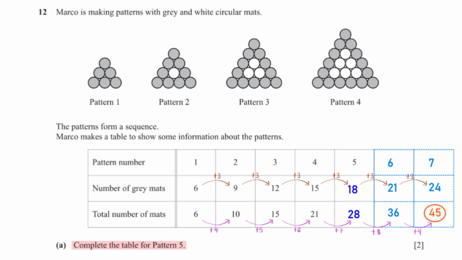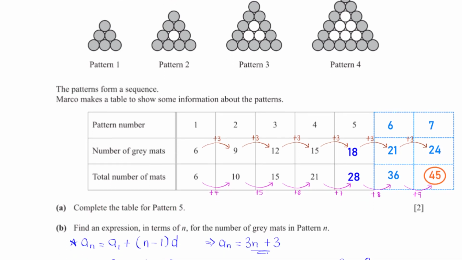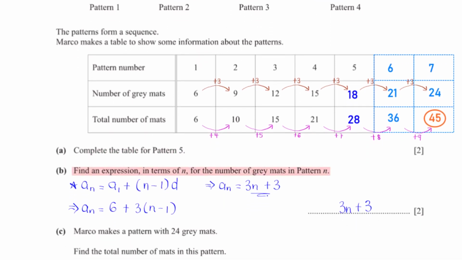For the total number of mats, we see that the differences between the values are increasing by 1. So to get the total number of mats in pattern 5, we add 7 to 21, which gives us 28. Find an expression in terms of n for the number of gray mats in pattern n.